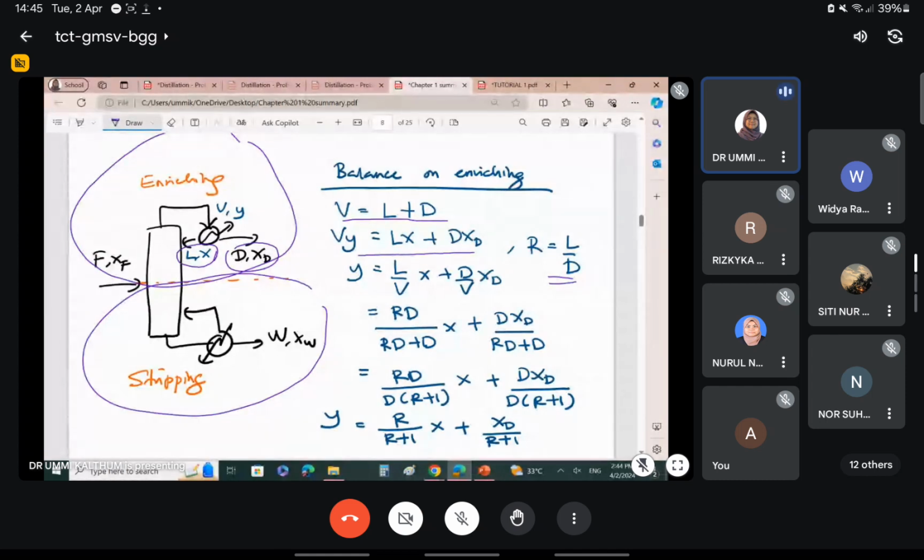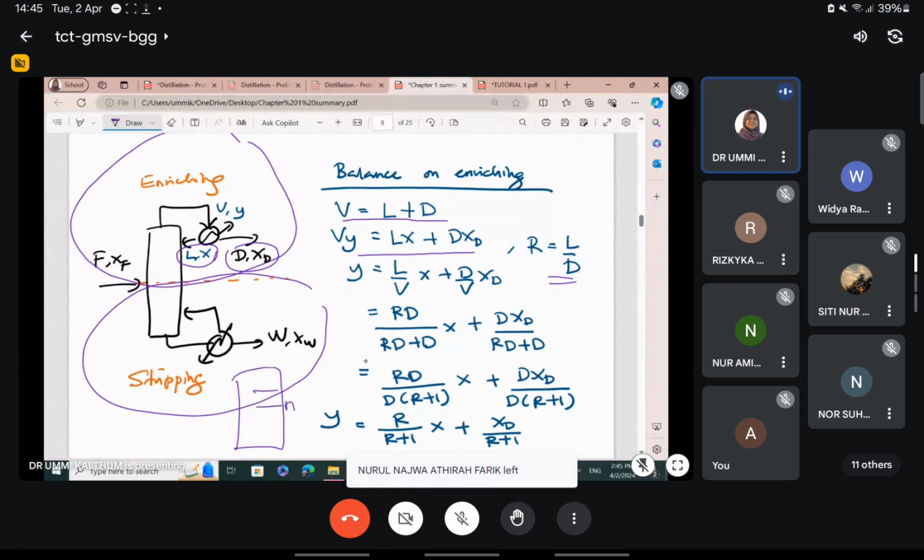Okay, kalau dalam nota awak nampak Vn, Ln, n plus 1, n minus 1. Itu apa tu sebenarnya? Okay, n tu adalah number of stages. n minus 1, n plus 1.